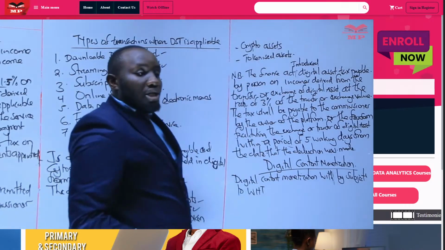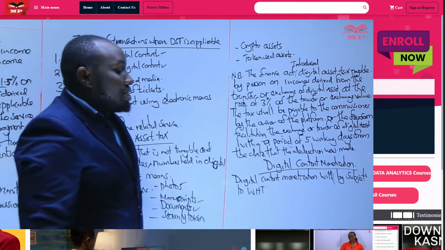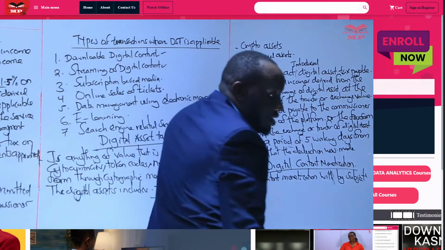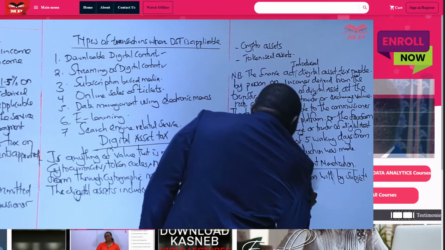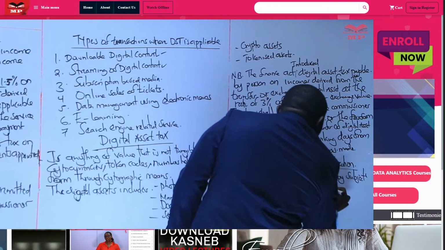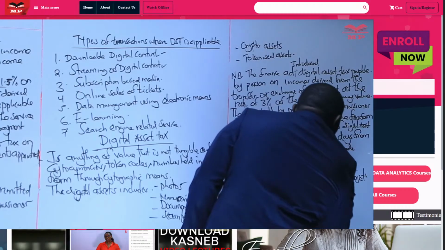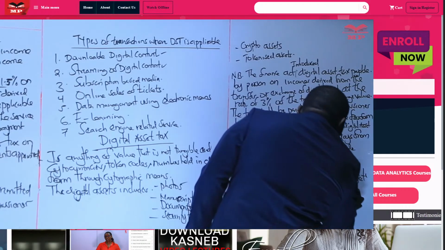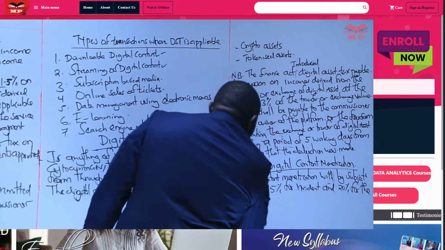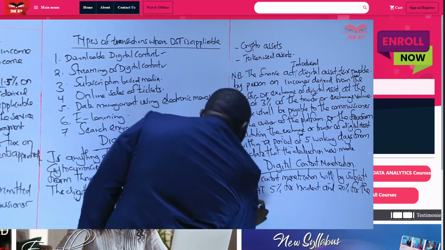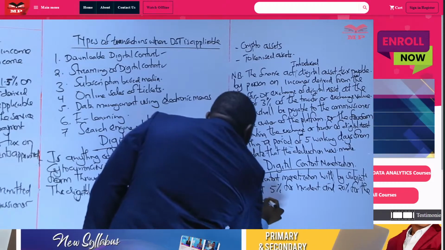When you talk about WHT, that is withholding tax, it will be subjected to a withholding tax of 5% for residents, and 20% for non-residents.